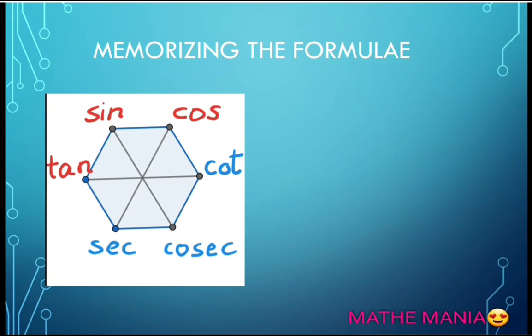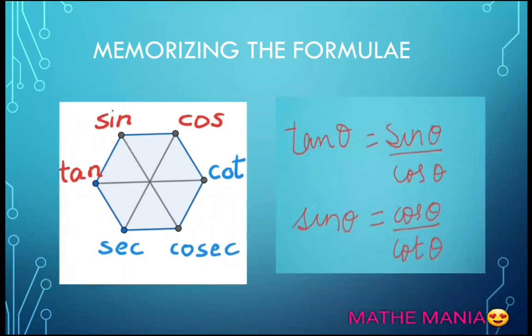Now see, if I move from tan in clockwise direction, I get the formula tan theta is equal to sine theta upon cos theta. And in the same way, cos theta is equal to cot theta upon cosec theta, cosec theta is equal to sec upon tan, and so on. So I get these formulae: tan theta is equal to sine upon cos, sine is equal to cos upon cot.